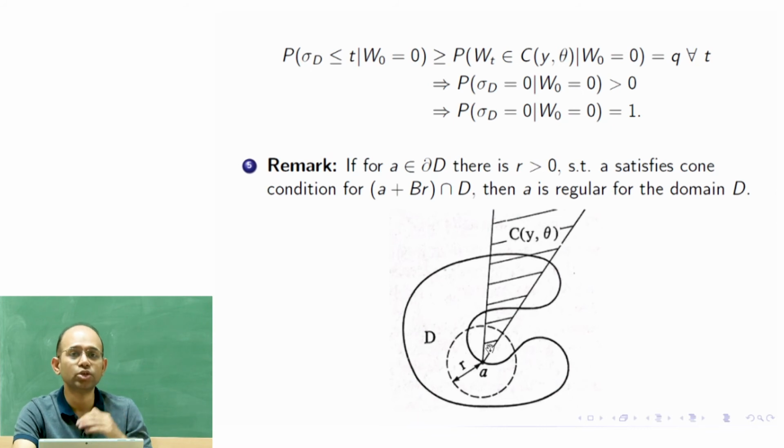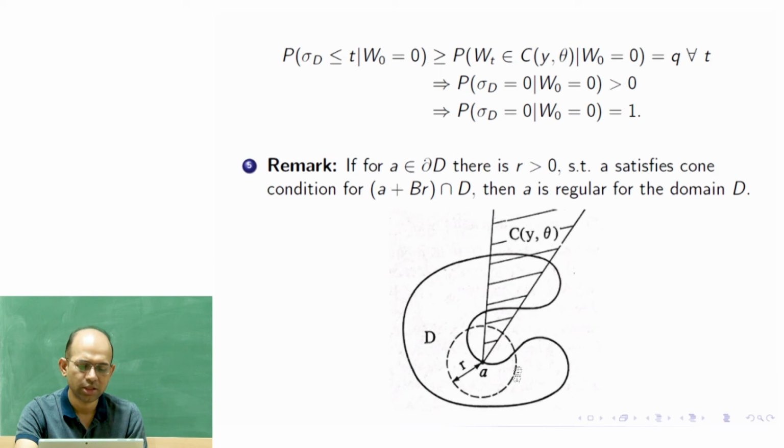So that is a drawback of this theorem, that the theorem statement does not take care of this type of example. However, one can extend the theorem very easily. One can take a part of the domain. If this is the domain D, we take a ball of radius r around A and take the intersection.